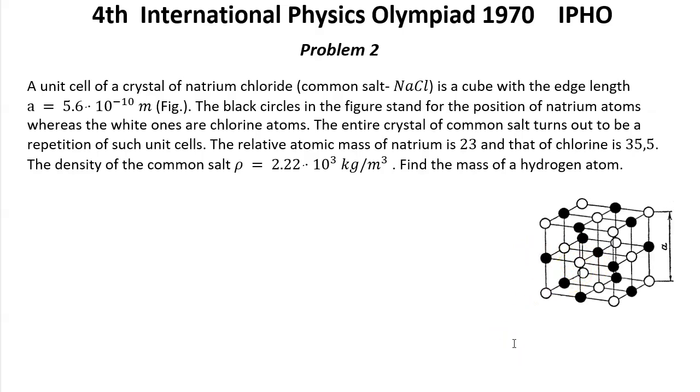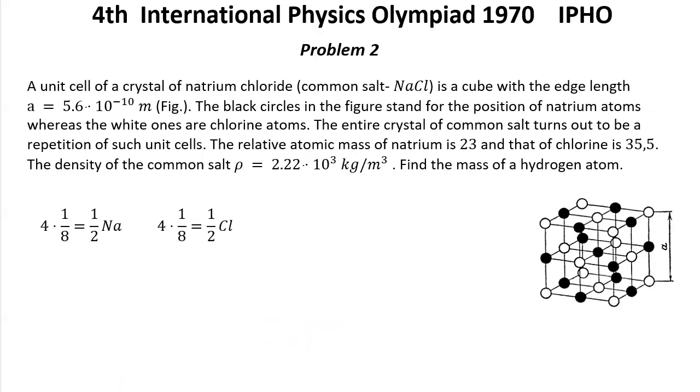All of these atoms belong to vertices of this cell, so it means that each atom belongs to 8 different cells together. It means that the total number of atoms which belong to one such cell is 4 multiplied by 1 over 8, and the same thing for chloride.